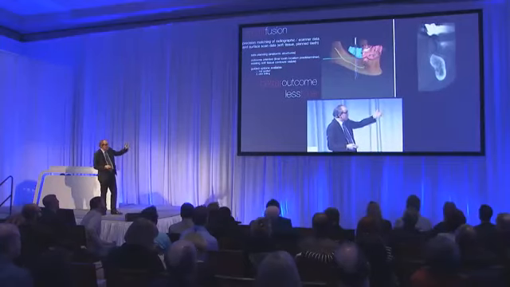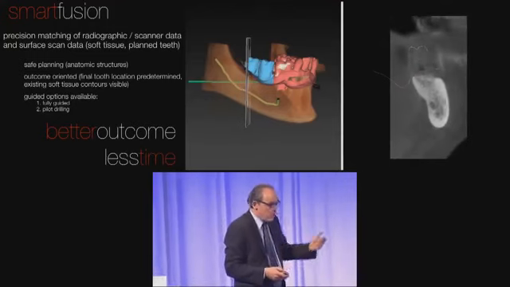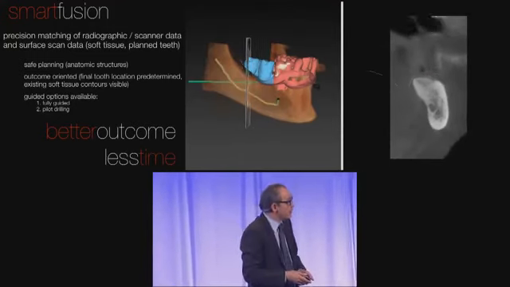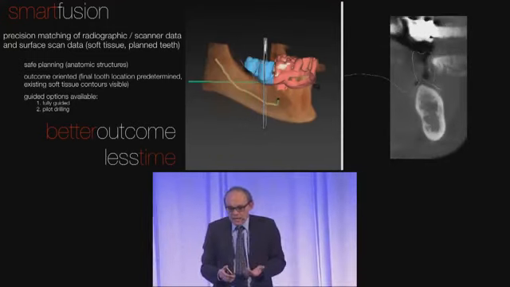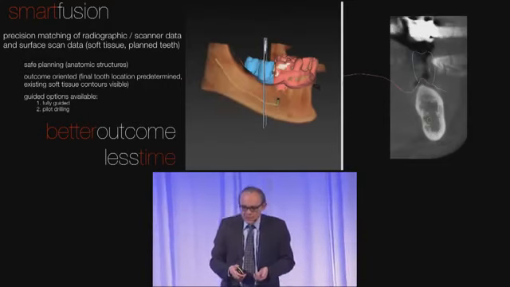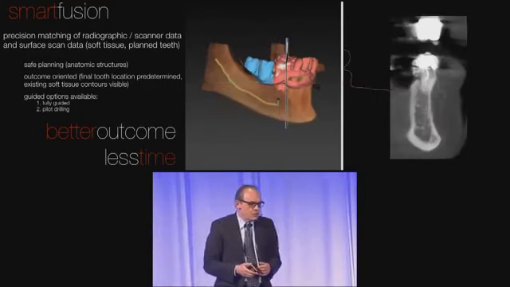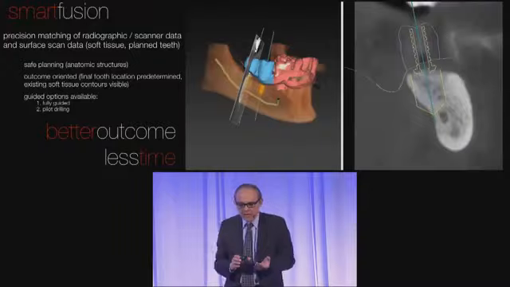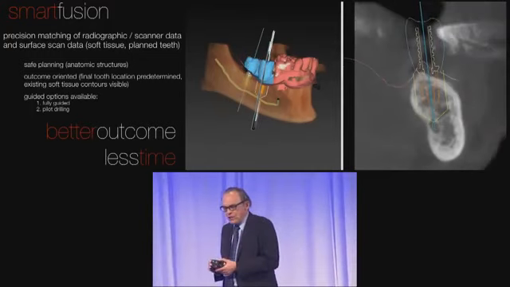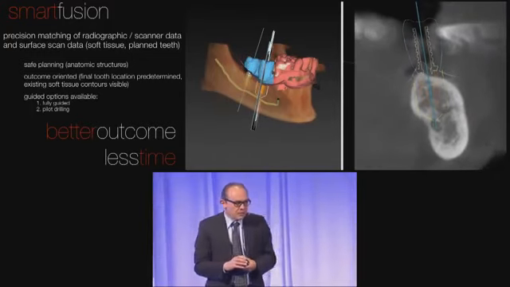You can see now I can do my cross sections. I can mark the neurovascular bundle, I can mark the nerve, I know exactly where I want to have my teeth. I see my soft tissue contours, and I can make clinical decisions together with my restorative team. But this is the first time I can do this without any markers.